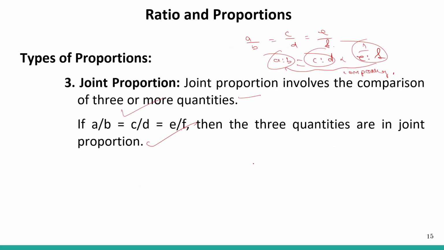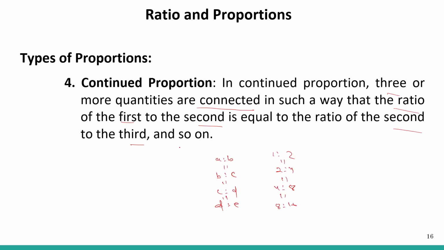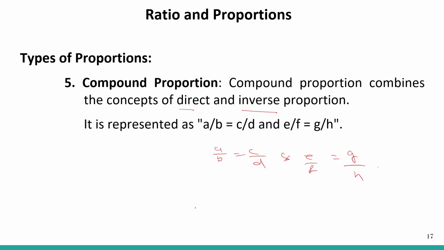So we then saw joint proportion, that is A is to B is equal to C is to D is equal to E is to F, involving comparison of 3 or more quantities. Then we say that it is joint proportion. Then we saw continued proportion. If A is to B is equal to B is to C is equal to C is to D is equal to D is to E, then we say that these are continued proportions. Then we saw what compound proportion was.